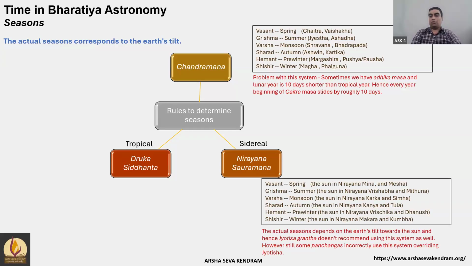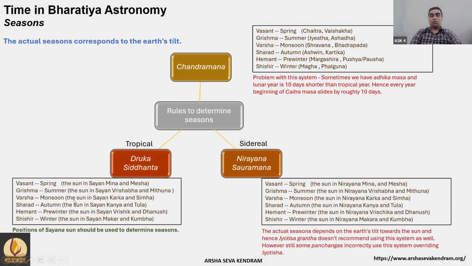So what should we then use? The right one to use is actually the Sayana sun. If you recollect, the Nirayana system is when the sun comes back to the same position in the sky against the backdrop of the nakshatras.